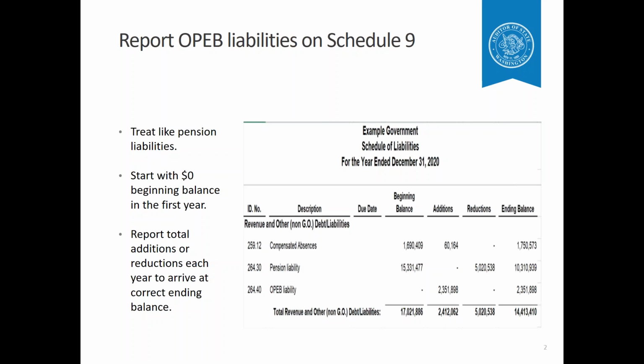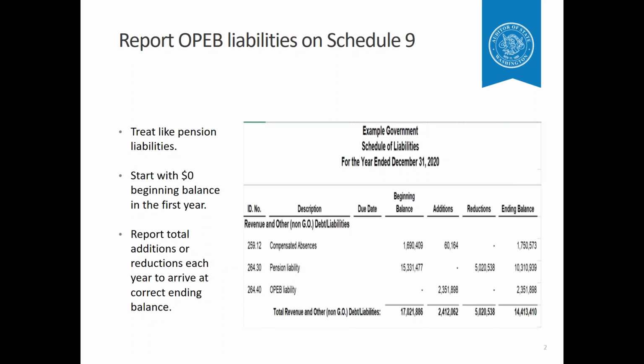If I reported an OPEB amount in 2018 on my Schedule 09 from the calculations of a different tool, do I still use that amount as my beginning balance for 2019 using the new tools? Yeah, if you had a balance from last year, make that your beginning balance. When you run this tool, you'll know what ending balance you want, and just do a plus or a minus to end up with the right ending balance. Thank you, Deborah. Those are all the questions I have for you at the moment.